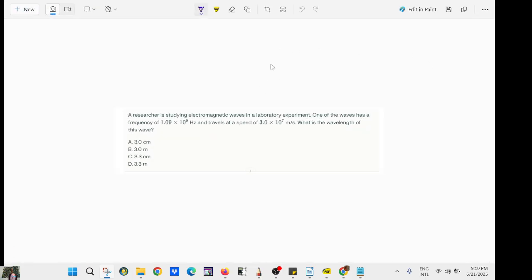So the equation is lambda. They talk about the wavelength. So you have wavelength times frequency equals the speed, which is 3 times 10 to the 7.